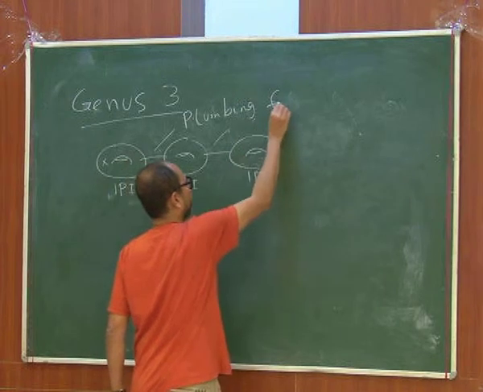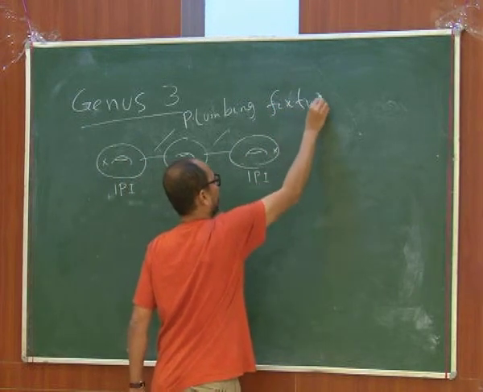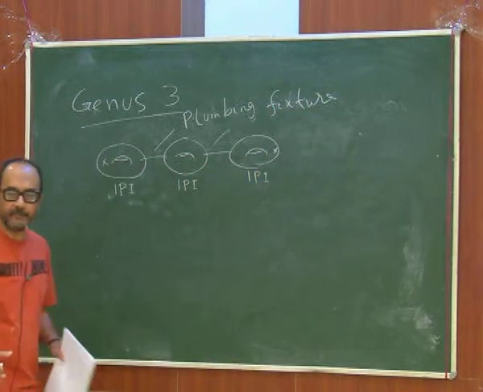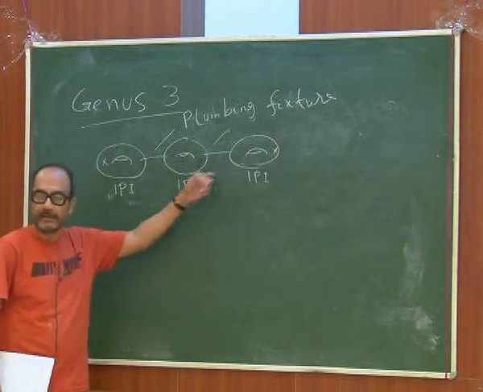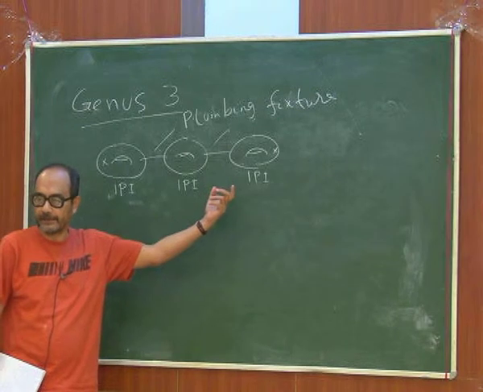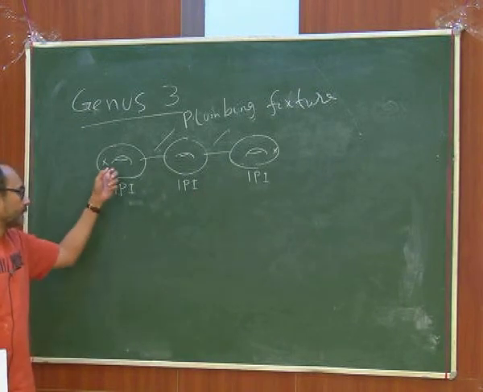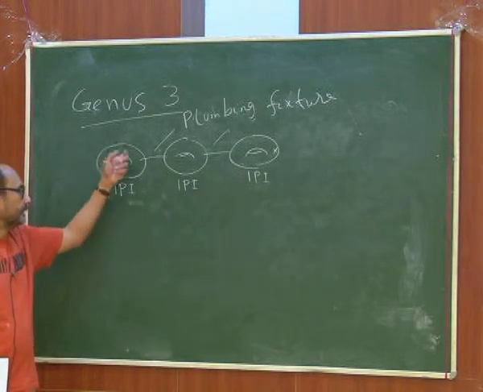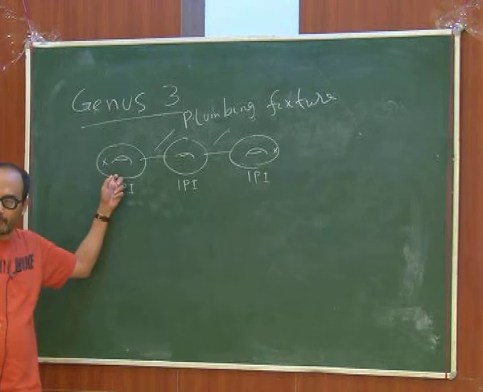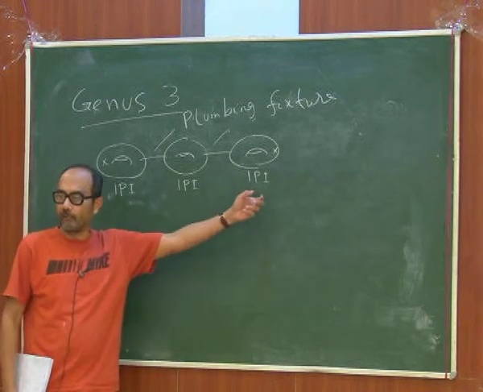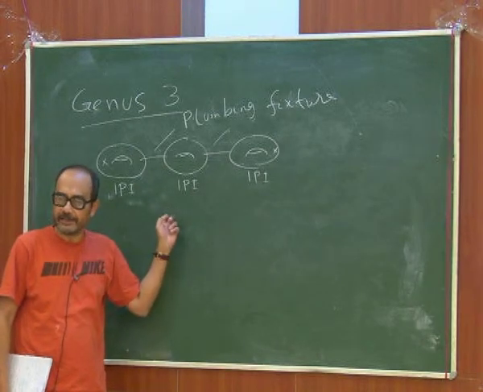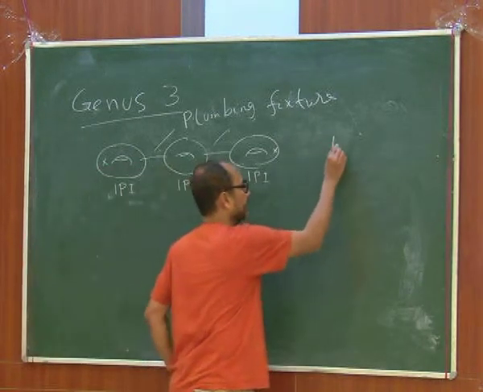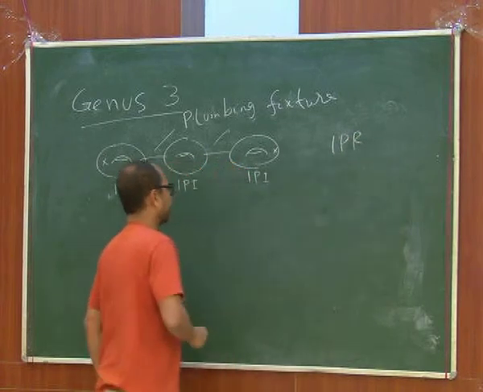You would have noticed that I am already using a notation which looks like Feynman diagrams, connecting by lines, but right now these lines simply mean the joining by plumbing fixture. So, once you have identified the genus 1 as the 1PI contribution, you can join them to form genus 3 Riemann surfaces. So, this is one set of one particle reducible genus 3 Riemann surfaces you will get, but you can get others.